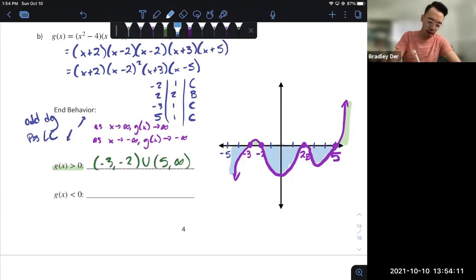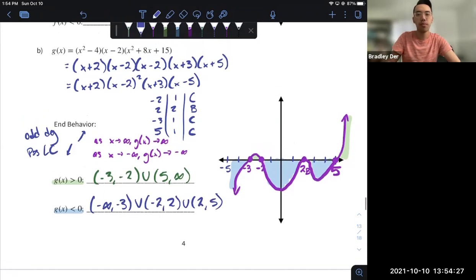And then where g of x is less than 0 would be where the function is below the axis. So -infinity to -3, union -2 to 2, union 2 to 5.